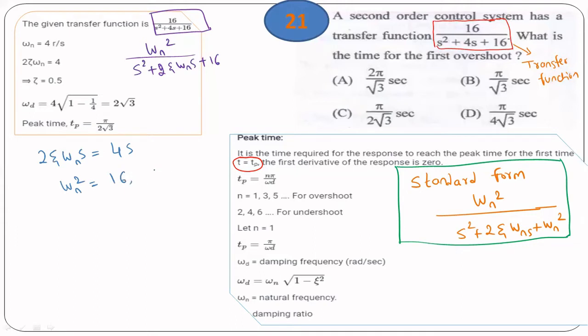So if omega n square is equal to 16, omega n will be equal to 4, which is the square root of 16.